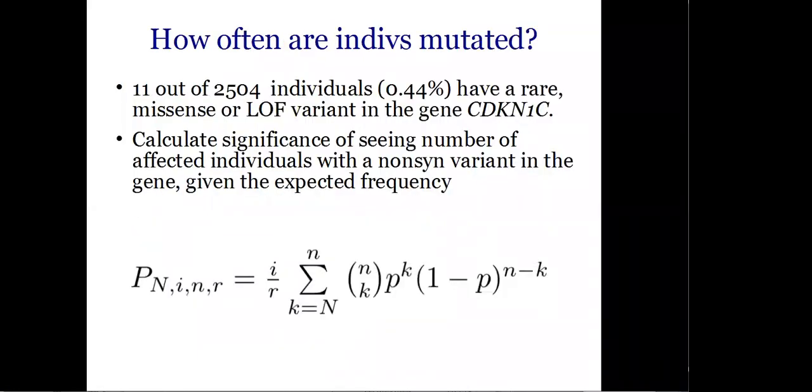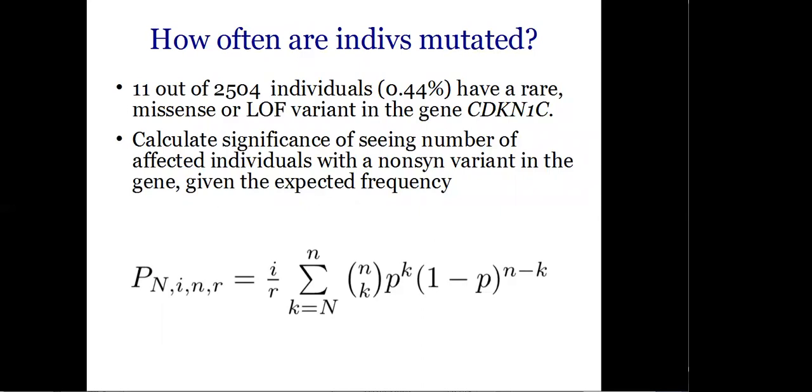Okay, so in conclusion, by running this tool, you can discover that 11 out of the 2,500 individuals have rare missense or loss of function variants in our gene of interest. And most importantly, it allows us to calculate a p-value for our findings.